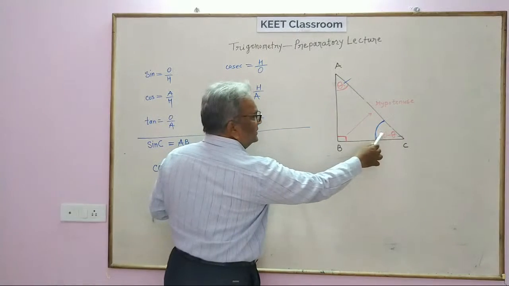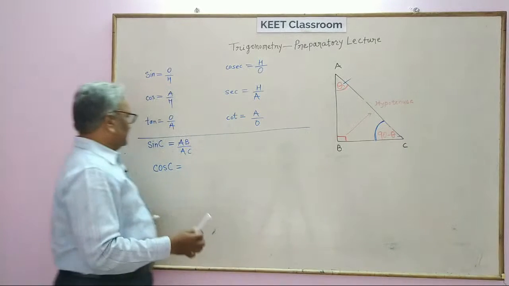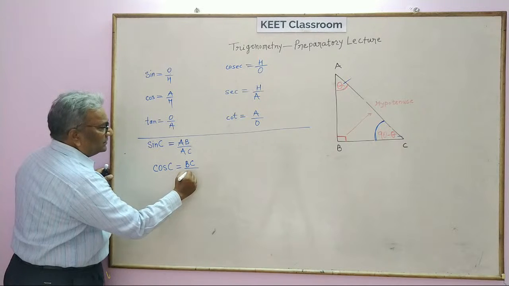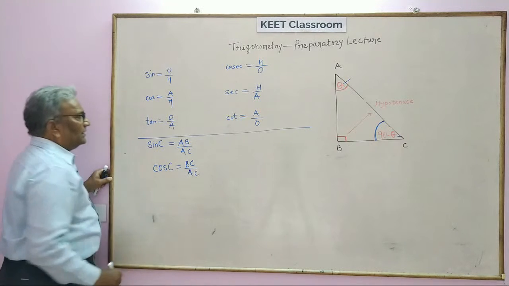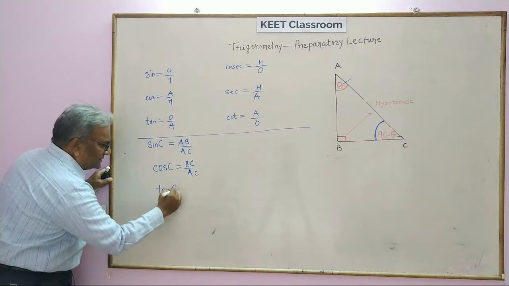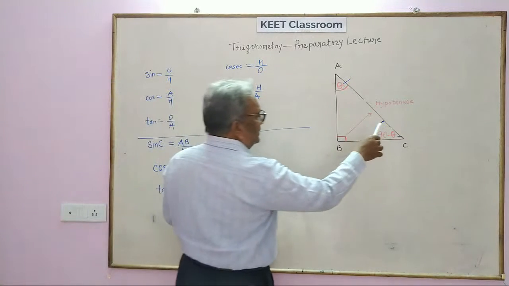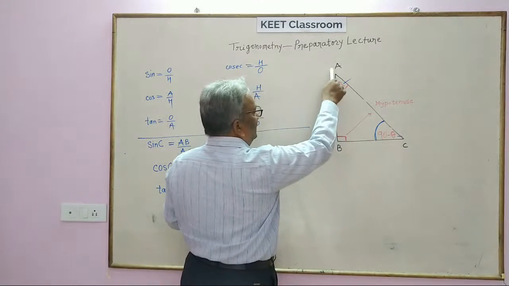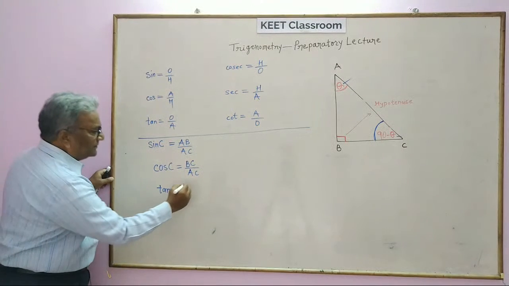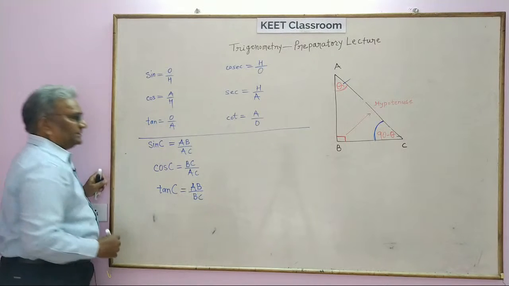So for angle C, BC is the adjacent and hypotenuse compulsorily AC. So it is BC upon AC. And the third ratio, tan C, opposite upon adjacent. So for tan C, it is opposite AB upon adjacent BC. So AB upon BC.